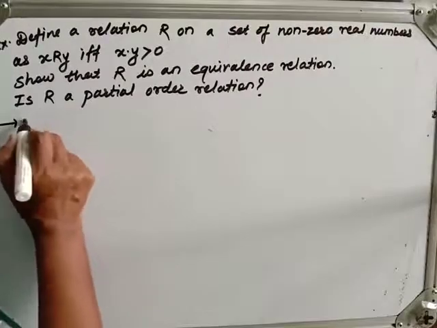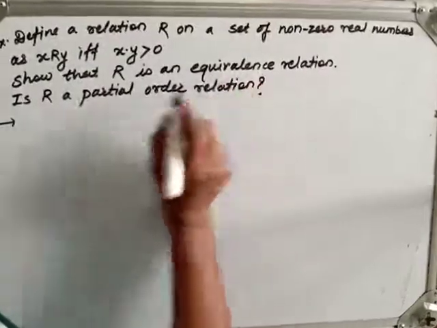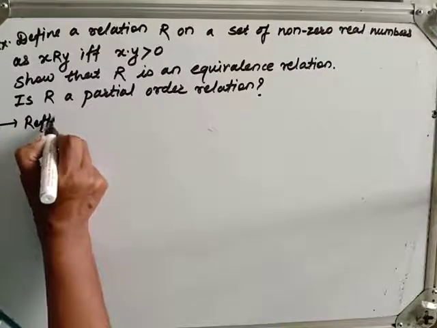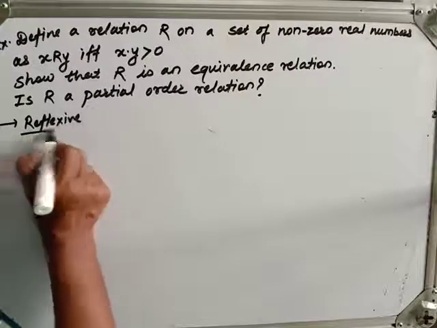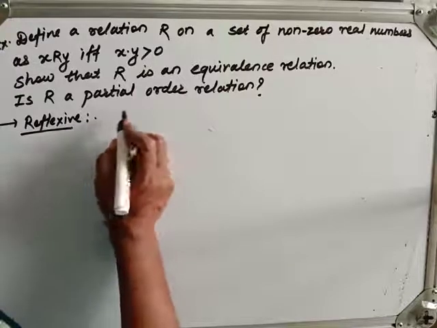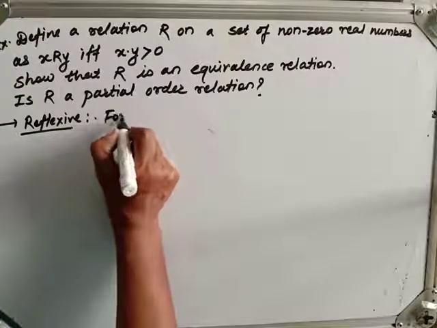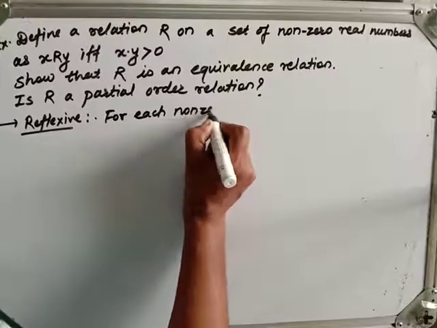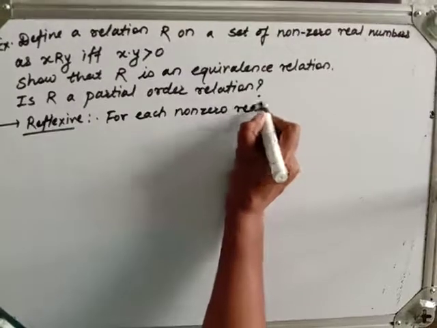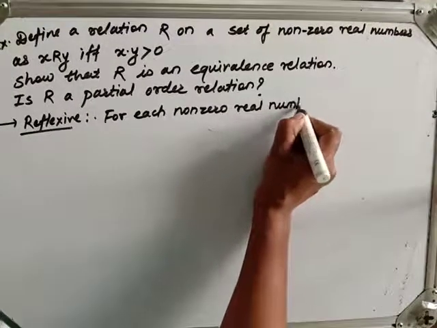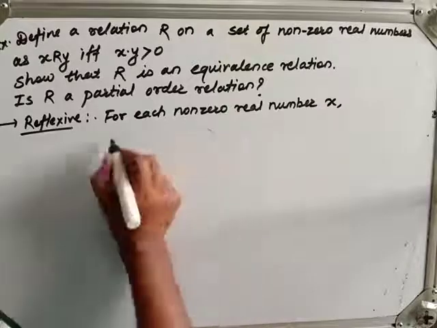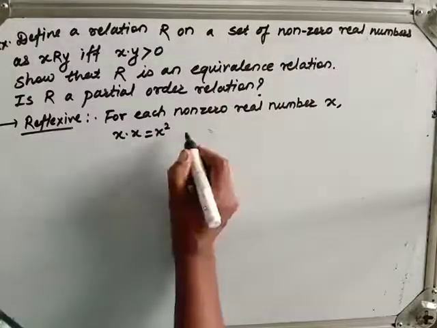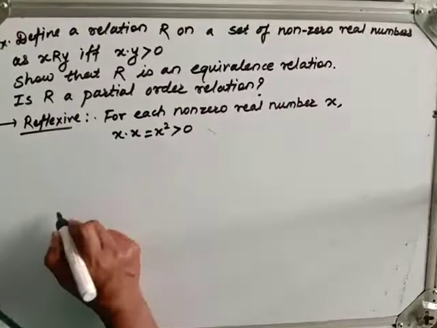So the answer: now we have to show it is an equivalence relation. So again we have to show it is reflexive, symmetric as well as transitive. So let us check the reflexivity. Now for each non-zero real number x, we get x times x, which is x squared, and we know a square is always positive.